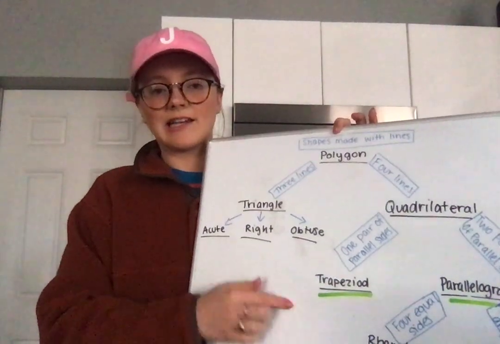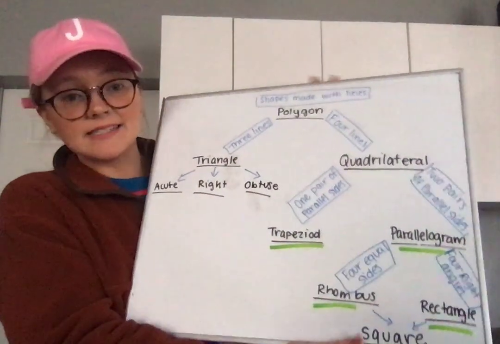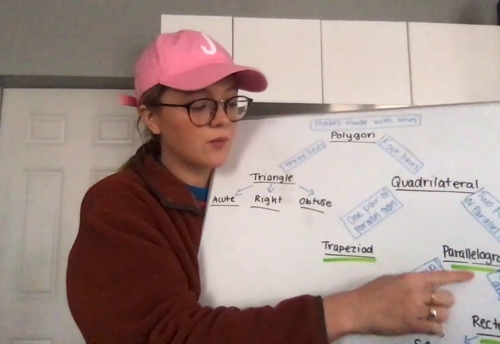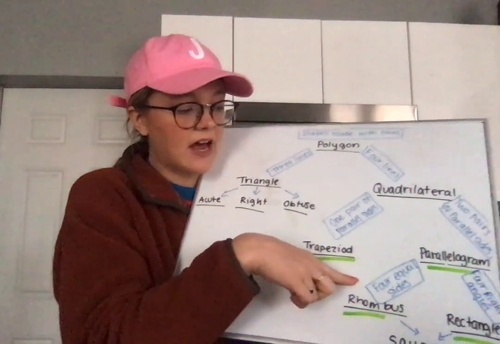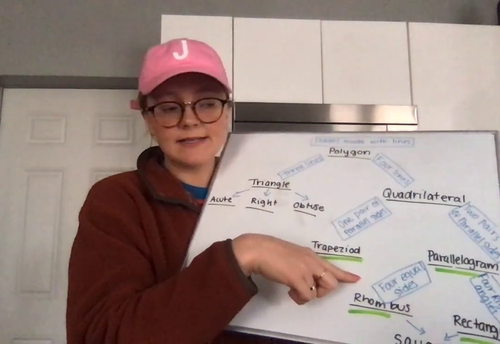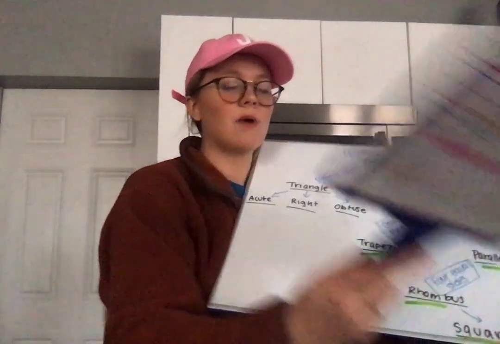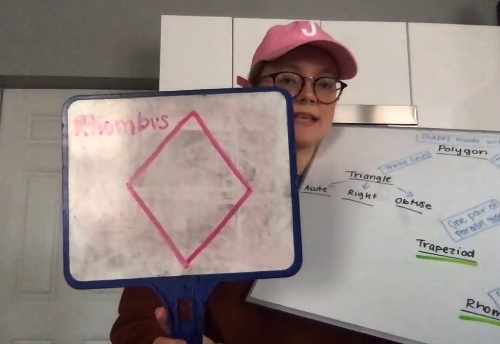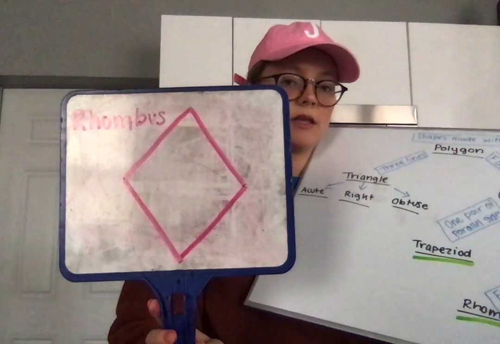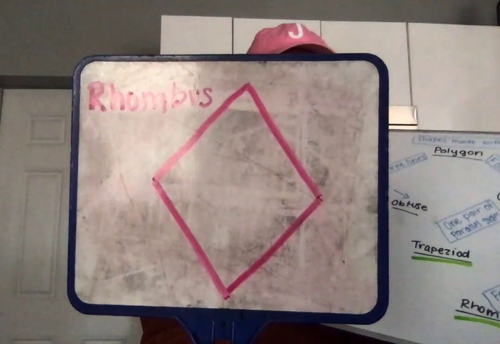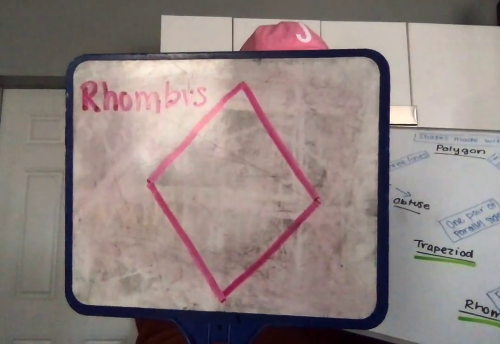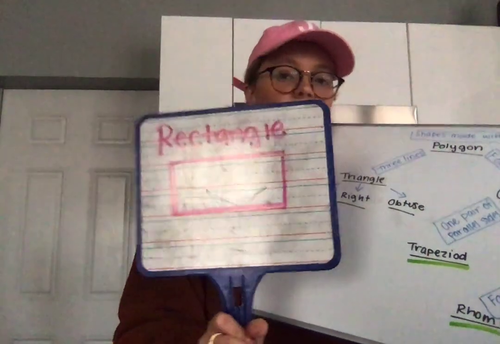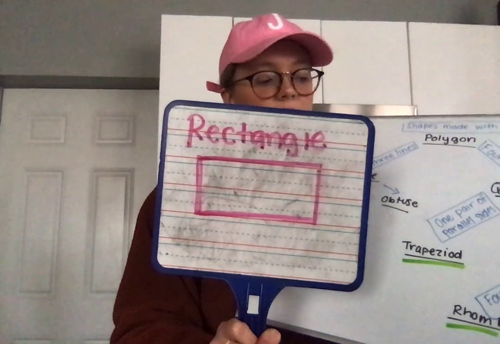Trapezoids end there. Done. But our parallelograms can be classified even further. We have parallelograms that have 4 equal sides, which we call a rhombus. Do you see how each of this rhombus's sides are the exact same length? That's what makes this a rhombus. Or it could have 4 right angles, and we call that a rectangle.